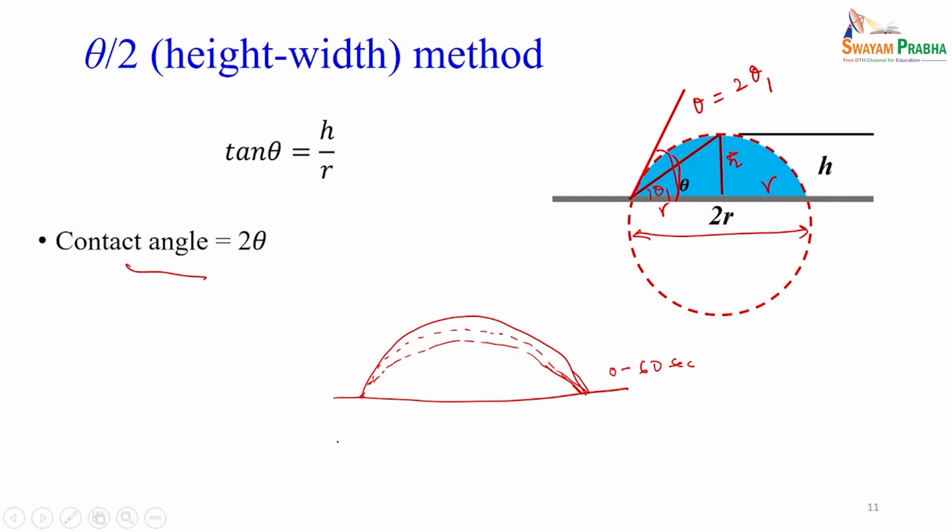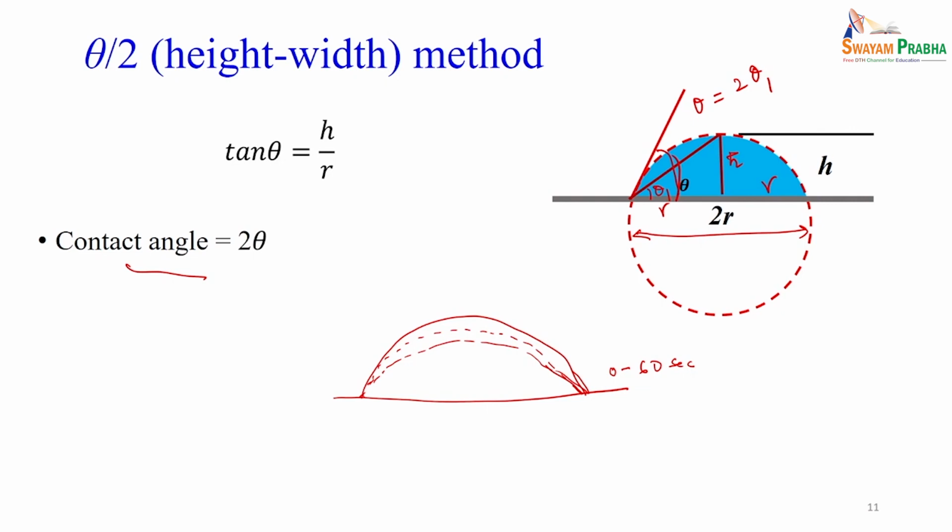So, you have to see at what time there is no change in the shape, and at that time you have to record the shape and analyze it. If the shape was not recorded at equilibrium, you may end up getting the wrong contact angle.